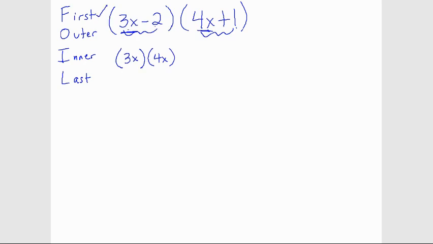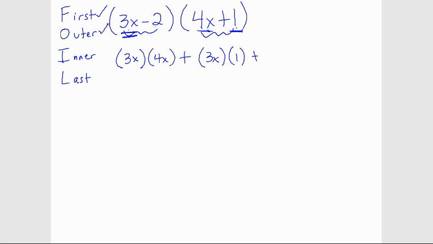So that's a check. Now, in between each sets of terms that we're multiplying, we get a plus sign. Not every answer will end with a plus sign, but we may simplify it along the way. So the outer terms would refer to the 3x and then the 1. So this would be 3x times 1, and then I'll put another plus sign.